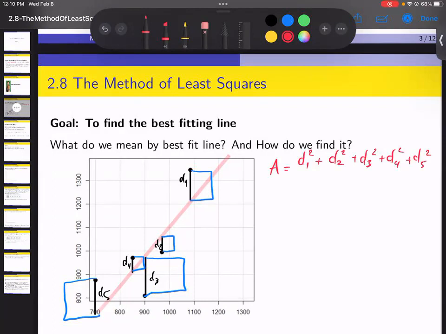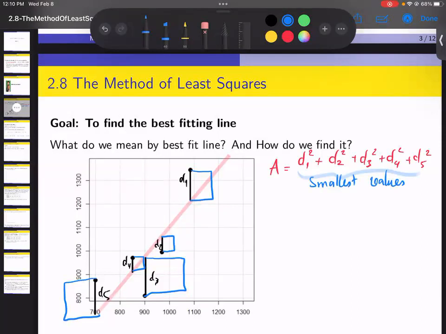If I add all those squares and it's the smallest sum, the smallest value, then I can say that this is my best fit line.